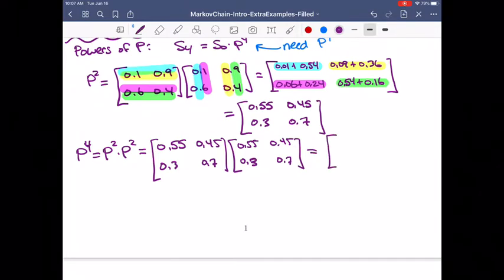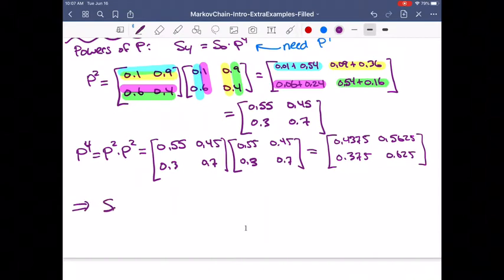Okay, so if you do that, you're going to get 0.4375 and 0.5625 in row 1. And in row 2, sorry, it's 0.375 and 0.625. Okay, so that's P to the 4.